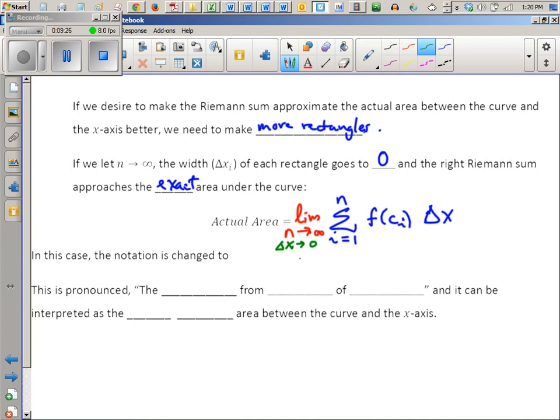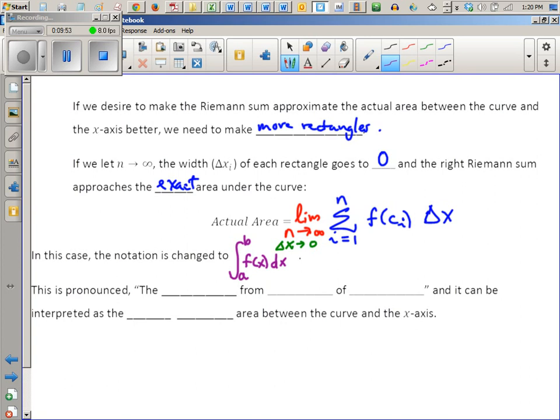But honestly, no one leaves it like this for very long, because we then change it to this brand new symbol, a stretched out looking S, with an a here and a b here, and an f of x here, and a dx here. This is a new symbol for us, and it's called the integral symbol.